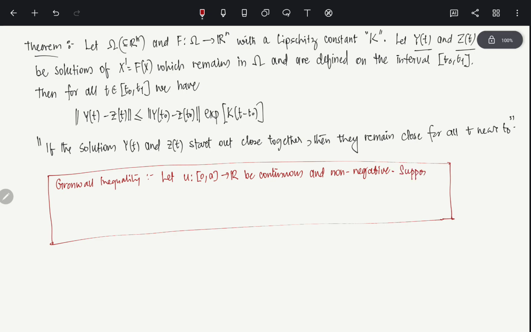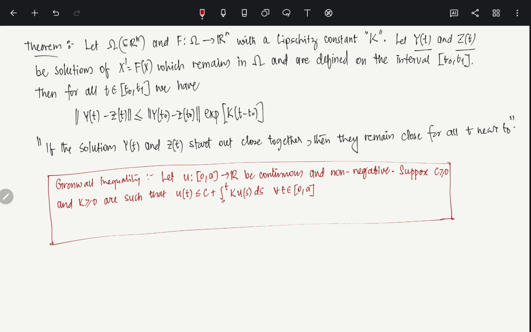Suppose c is greater than or equal to 0 and k is greater than or equal to 0, such that u(t) is less than or equal to c plus the integral from 0 to t of k times u(s) ds, for all t in [0,a].